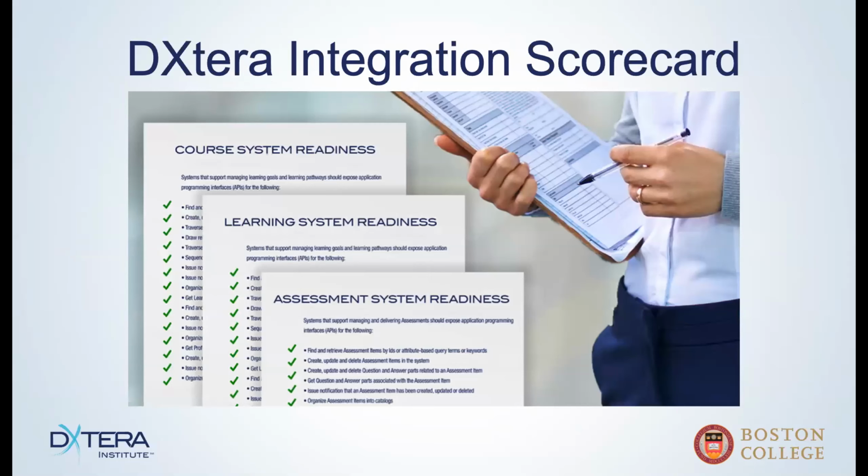And this fits in. One of the things DXtera published this past year was the integration scorecard. We are looking for products that are integratable and interoperable in these kinds of ways. So for those who are interested in DXtera's take on integration and integrability, we recommend you go to the DXtera site and check out the integration scorecard.